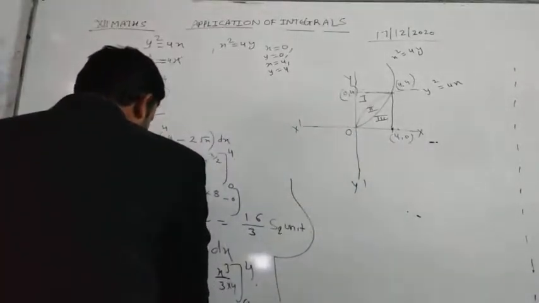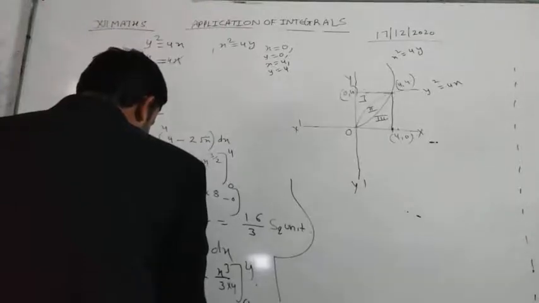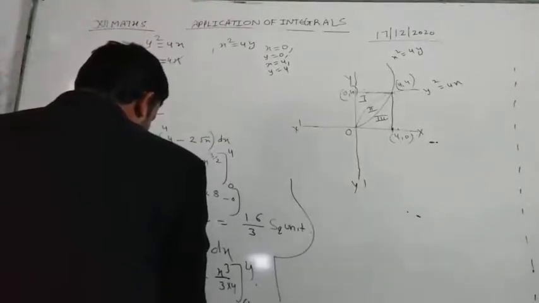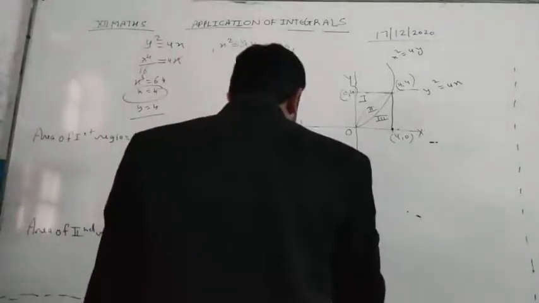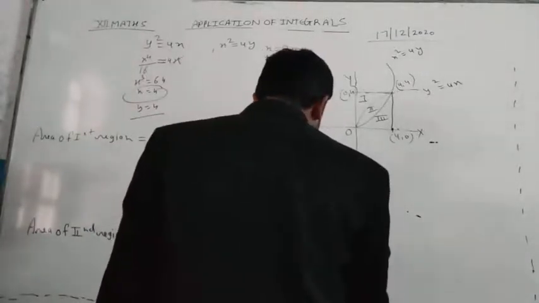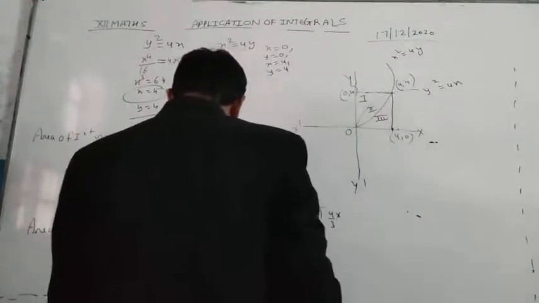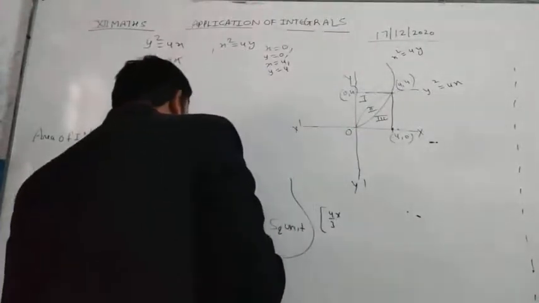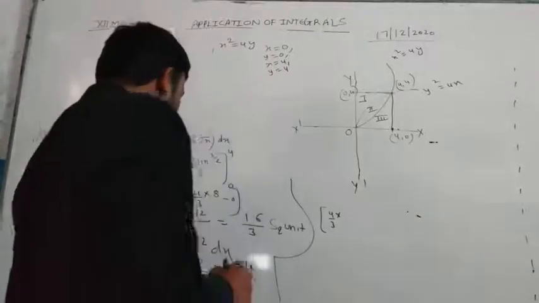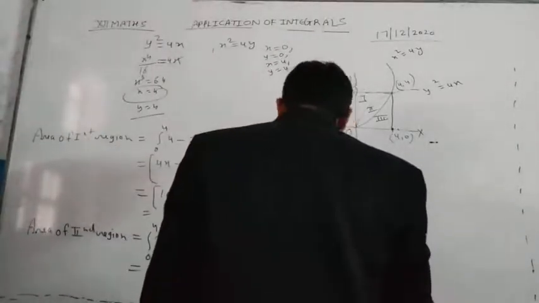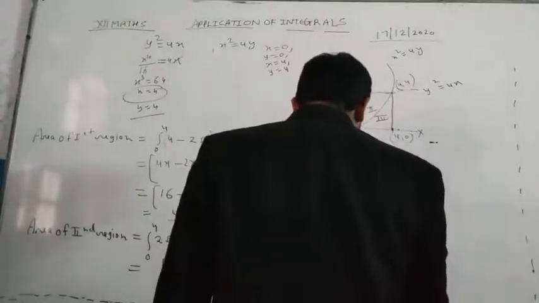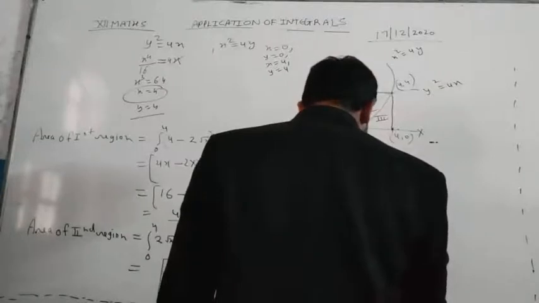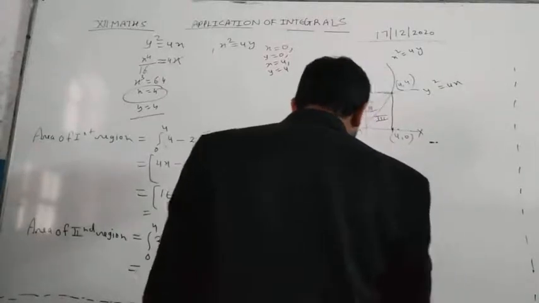So this 2 will be here, so it will change into 4 by 3. Okay, now put the limit. So we are getting 4 by 3 into, put 4, square root of 4 will be 2, 2 to the power 3 is 8, minus again 4 cube, 64 by 4 into 3, and minus 0.